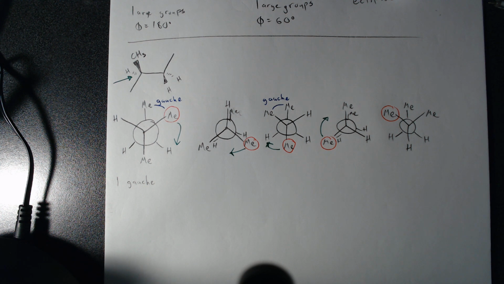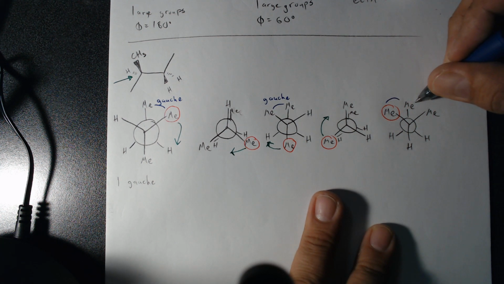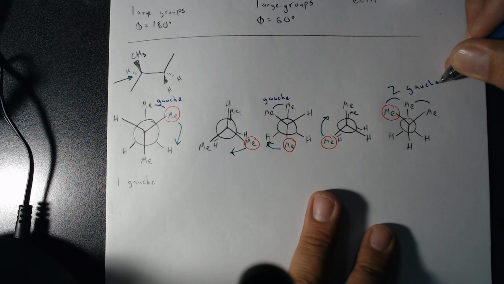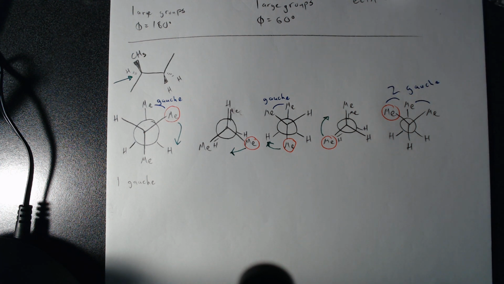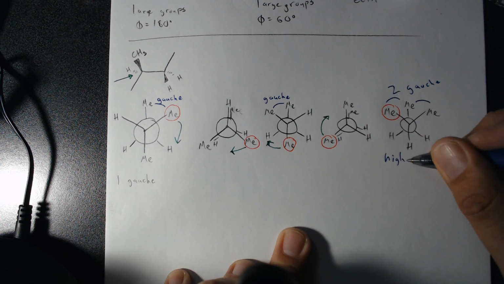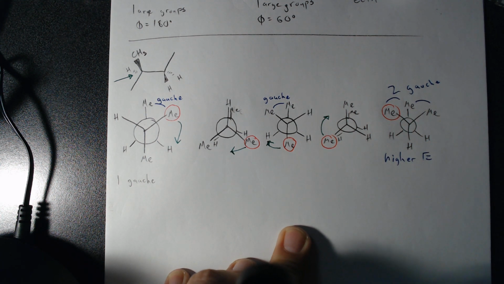And how many gauche interactions does that one have? Yep, there's two. So there is one here, one here. So we have two gauche interactions there. This one is higher energy than the other ones because it has more gauche interactions than the other ones do. So this one is higher energy than the other staggered.